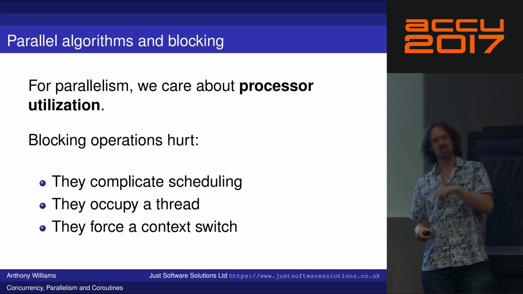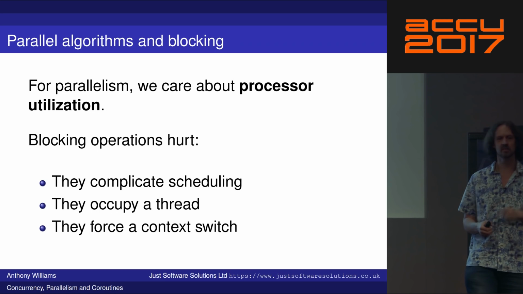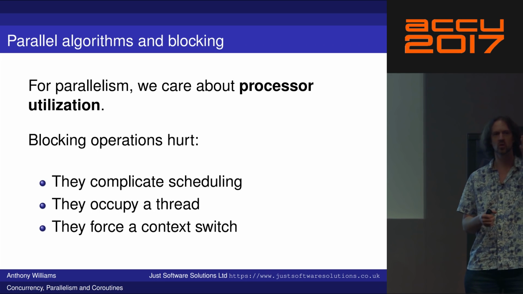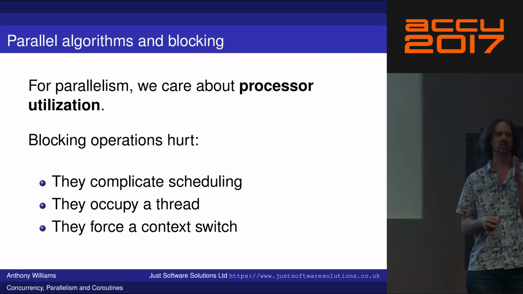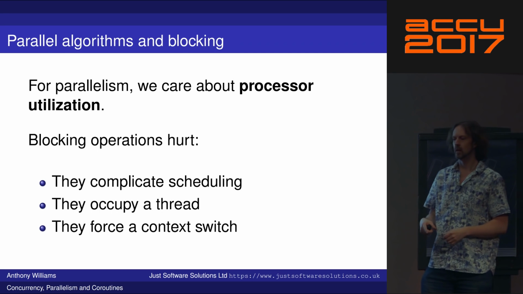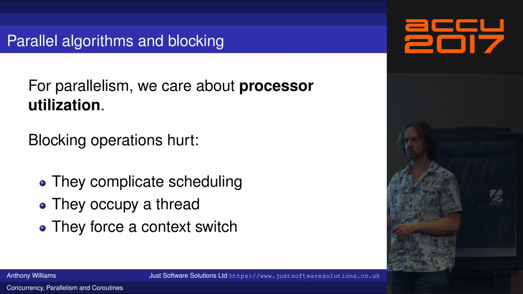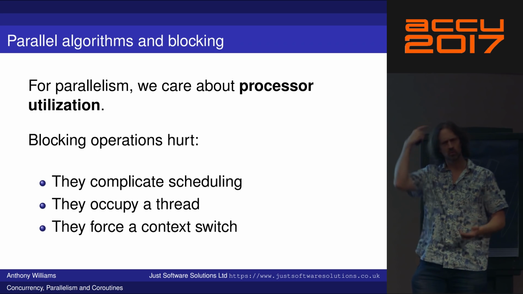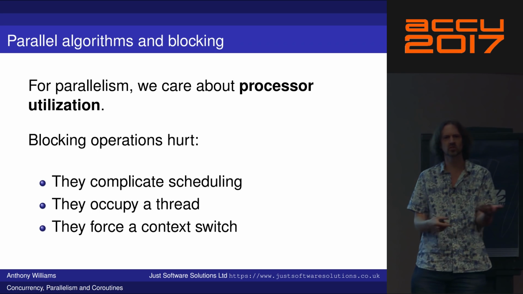So blocking operations hurt, because that means we've got a thread that's doing nothing, and the operating system has to do a nasty, expensive context switch to get a new thread to occupy that processor. So you don't want to do that. They also complicate the scheduler, because then you have to ask: do I need more threads to account for the ones that are going to be blocking?